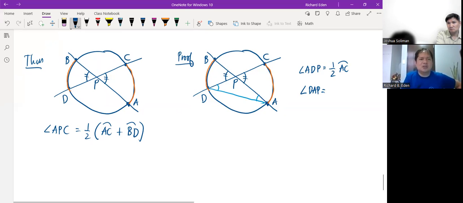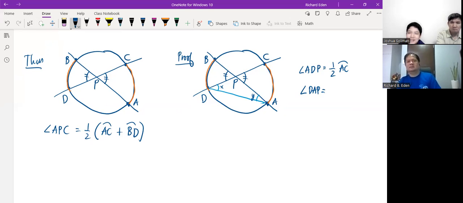We're not saying they're congruent. I didn't put any markings there. So again, let me call this X and this is Y. Okay po. Kala ko po CD. Okay, anyway.